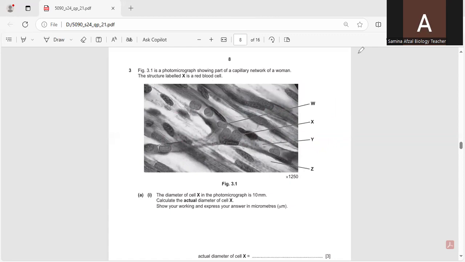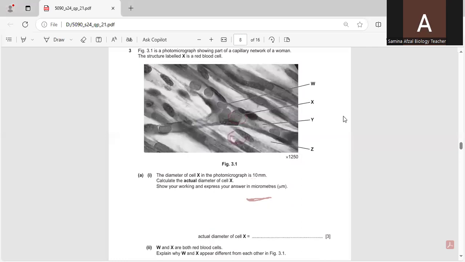The diagram shows the diameter of cell X in the photomicrograph is 10 millimeters. Calculate the actual diameter of cell X, show your working, and express your answer in micrometers. So we have to show this in micrometers.